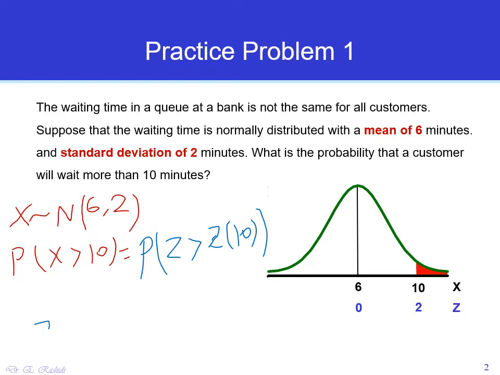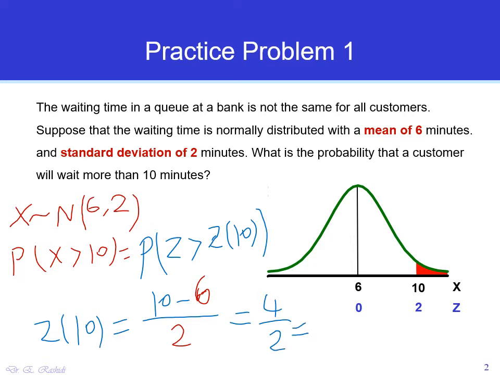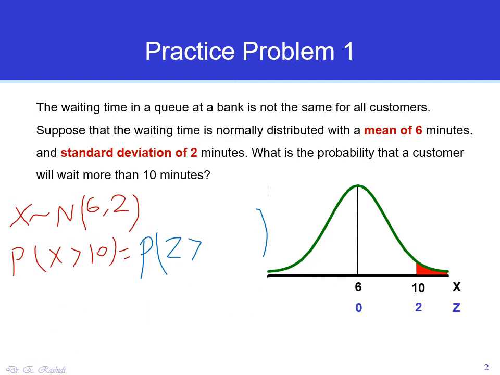Let's see what the z score of 10 is. The z score of 10 is 10 minus the average, which is 6 here, divided by the standard deviation, which is 2. That's 10 minus 6 is 4, divided by 2, which is equal to 2. So the z score is 2, and we have to find the probability that z is greater than 2.